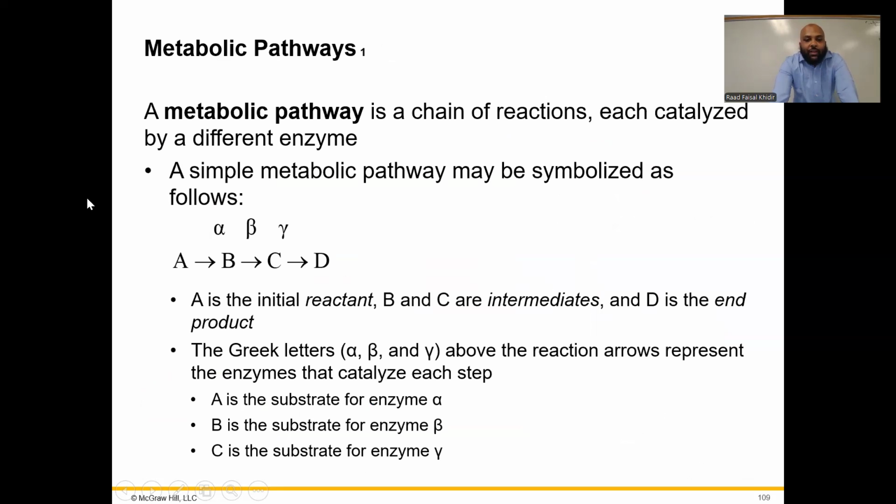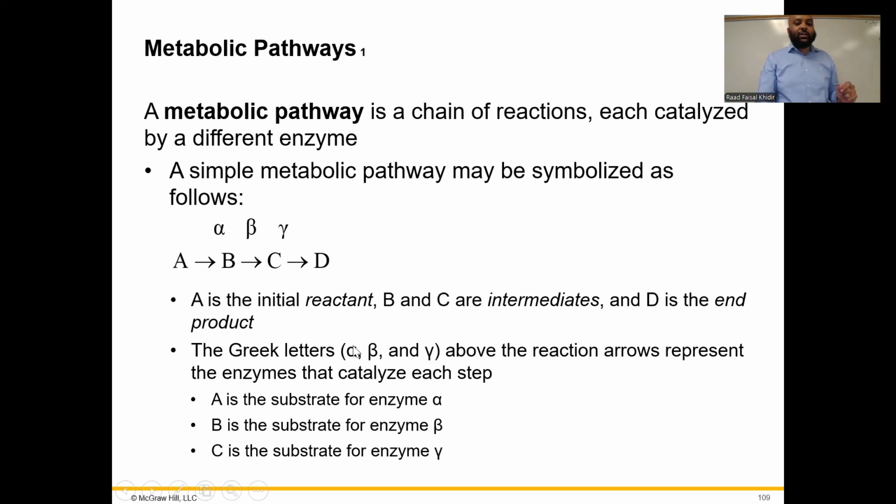So a metabolic pathway is a chain of reactions, each catalyzed by a different enzyme. So a simple metabolic pathway may be symbolized as follows. So going from A to B to C to D. So A is the initial reactant. B and C are intermediates. And then finally you have D in the end. That is the end product.